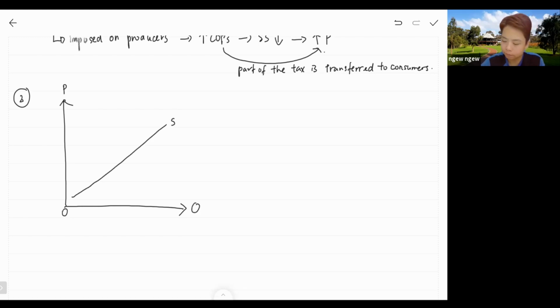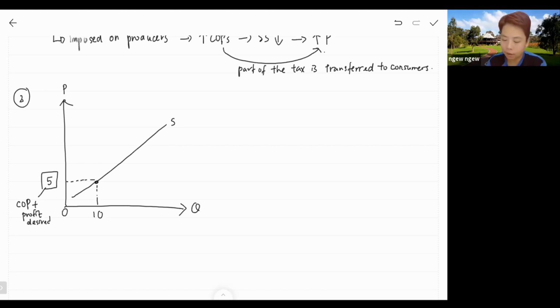If the supply curve shows that for 10 units, firms are asking for, let's say, $5 per unit, you need to understand that this $5 already includes the cost of production plus the profit producers desire. This means the $5 includes the cost needed to produce the goods and services, and the profit margin wanted by firms.